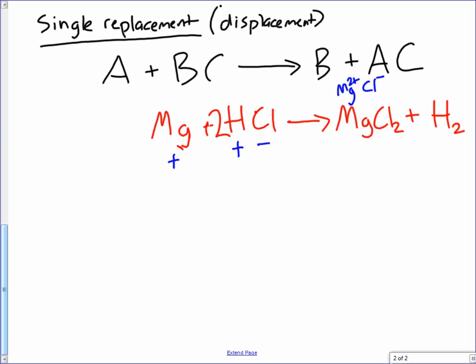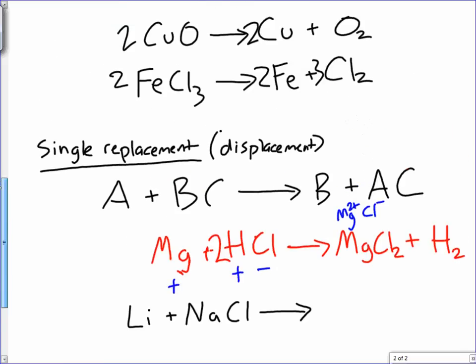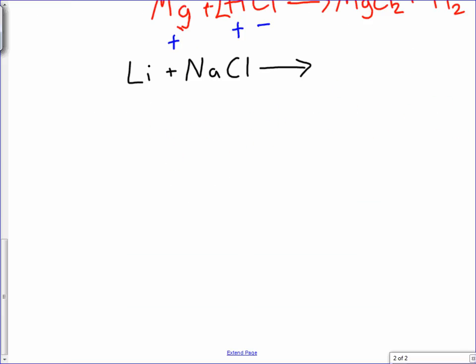I'm going to give you 3 examples. I want you to pause it, try all of them, and then come back and look for the solutions. So first one, let's do lithium. It's going to react with sodium chloride. For the next one, let's do chlorine gas reacting with sodium bromide.